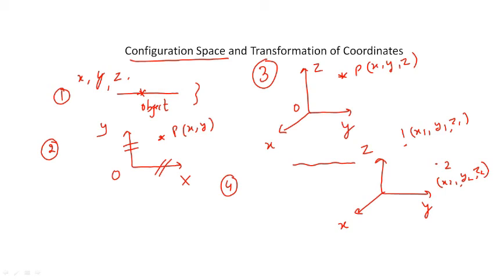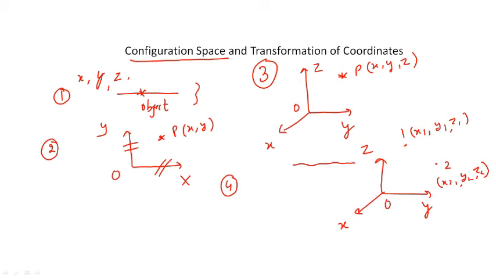If you have to specify the position of this dynamical system, you will require 6 coordinates: x1, y1, z1, x2, y2 and z2.